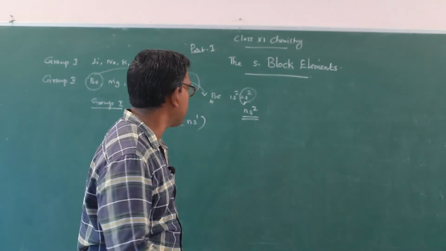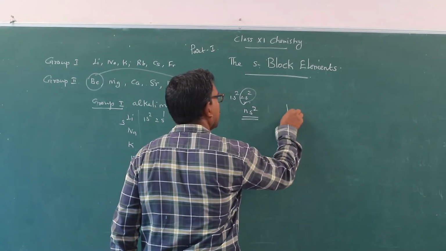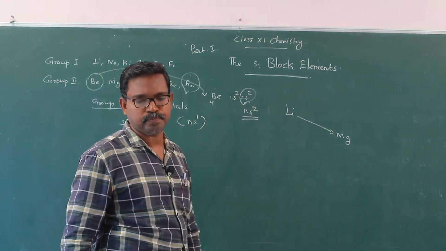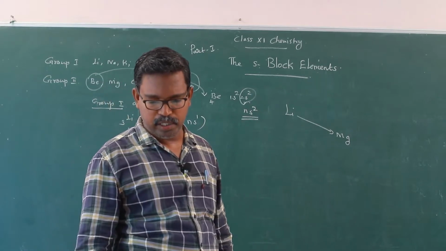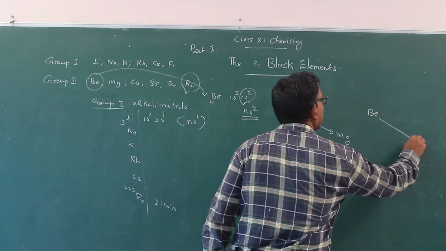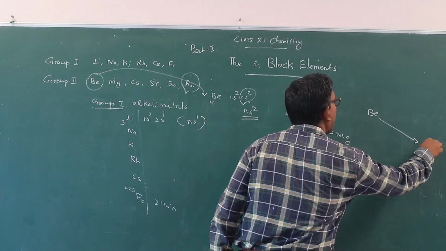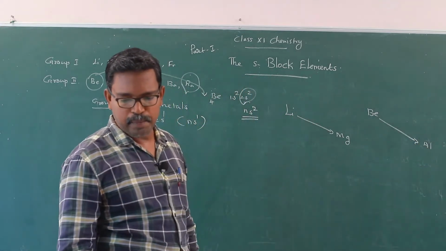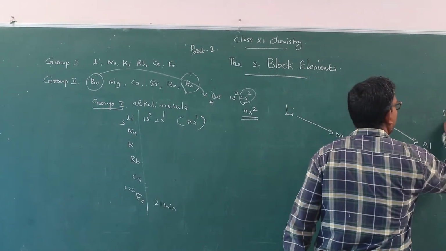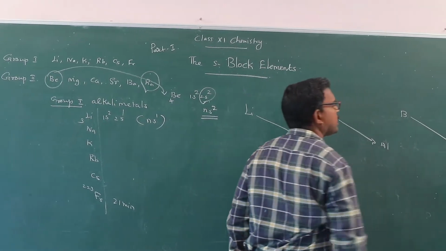Diagonal relationship: lithium is diagonally related to magnesium, beryllium is diagonally related with aluminum, and boron is diagonally related with silicon.